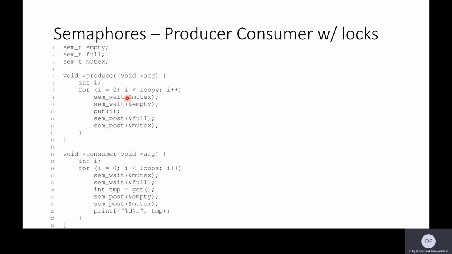It will reduce the value to 0 and return immediately, and that thread will enter the critical section. For all other threads that call semwait, the value will become negative, and all of those threads will go to sleep. So this ensures that only one thread will be able to enter the critical section at any given time and call put.